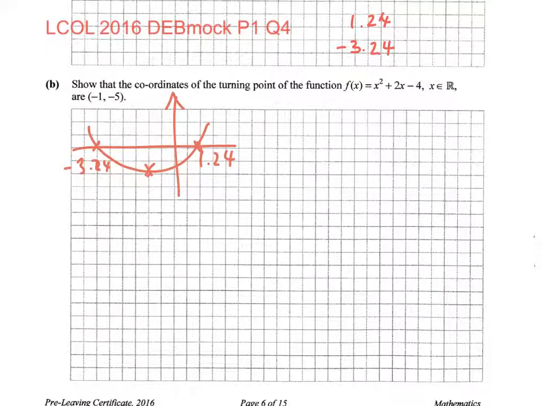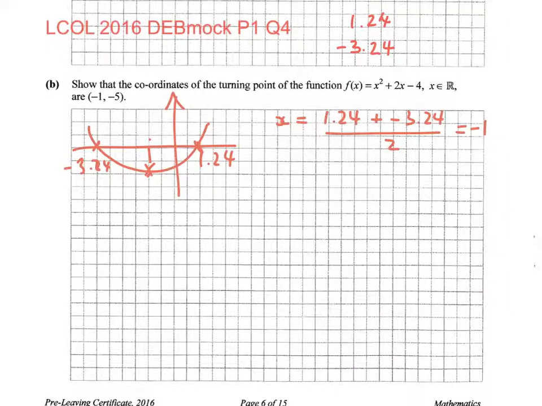So you should know that a quadratic curve is symmetrical. So the turning point is going to be, in terms of its x-coordinates, halfway in between the 2 roots. So if I just find out an average of my 2 roots, I'll get my x value. So if I add the 2 roots together and divide by 2, I will find that the answer to that is minus 1.